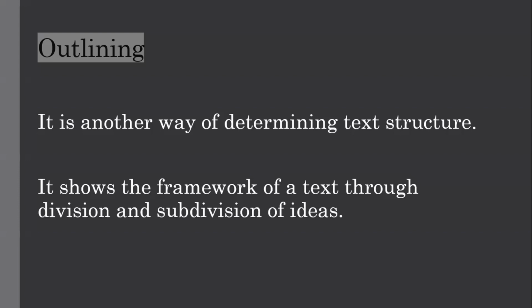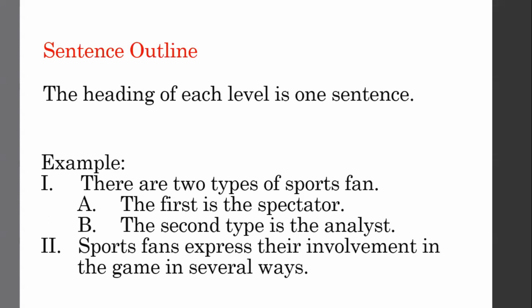So this is a method to show the structure or framework of a text that shows major topics and the subtopics under each of the major topic. So this means that there are principles that we need to follow in writing this one. So there are two types of making an outline, sentence outline and the topic outline. So first, let's discuss the sentence outline.